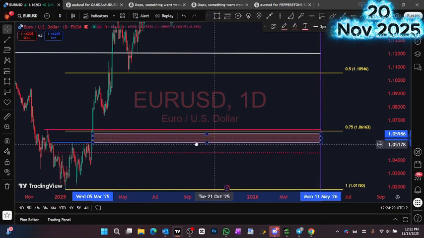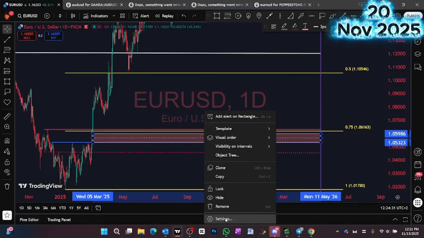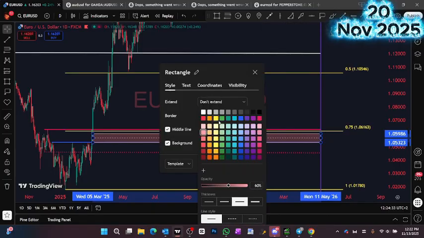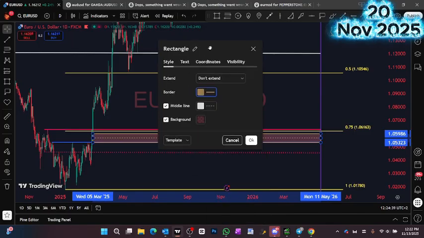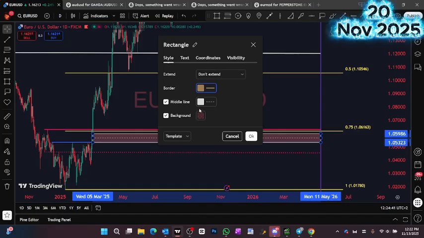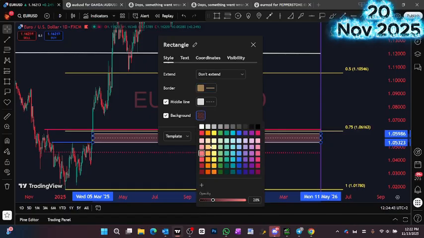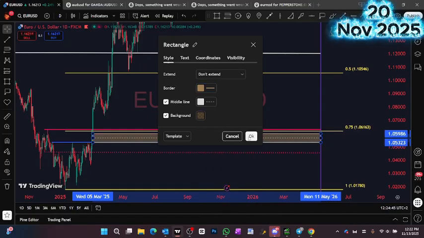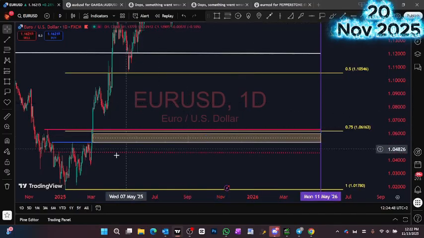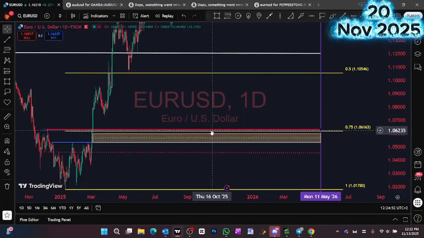Price left a fair value gap right there. Okay, it's a daily. Price has left a fair value gap right here.